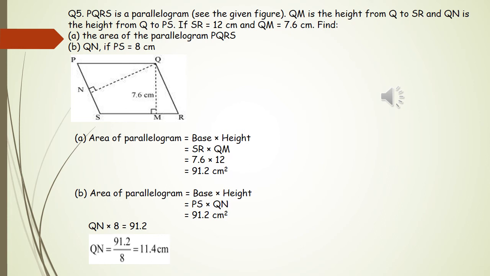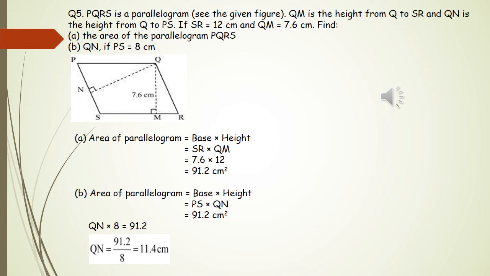SR, that is the first base, is equal to 12 centimeter and QM is equal to 7.6 centimeter. We have to find out the area of the parallelogram PQRS, and also we have to find out the second height QN if the second base PS is given as 8 centimeter.